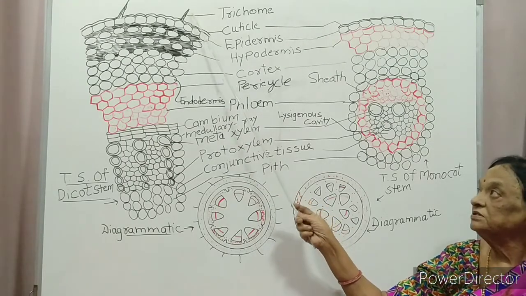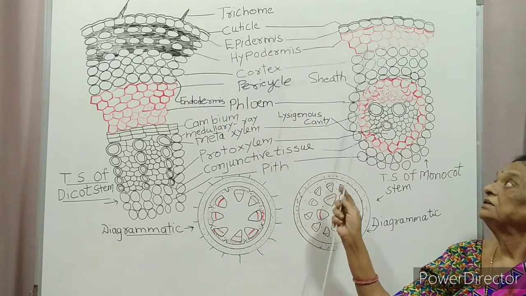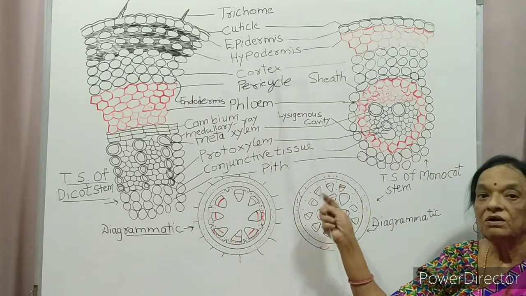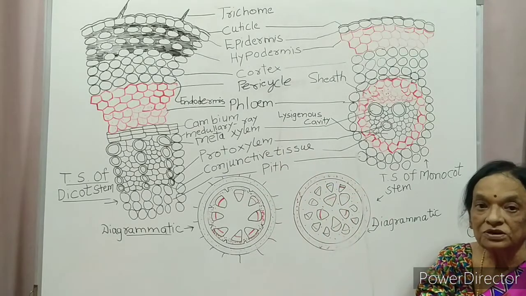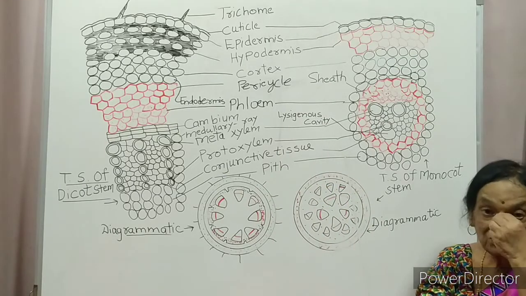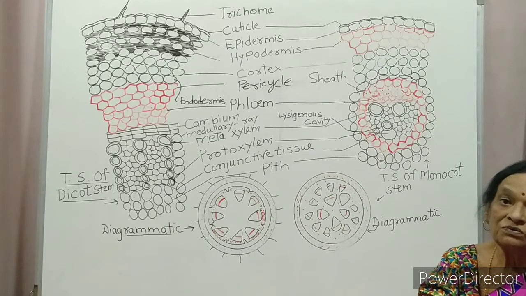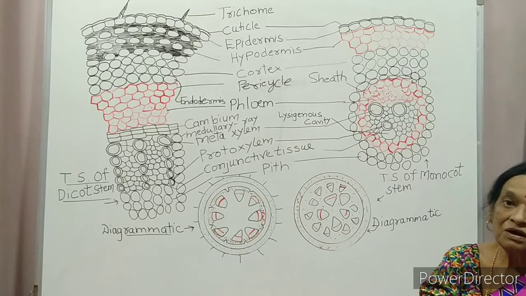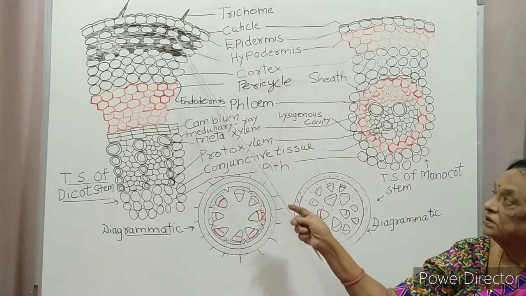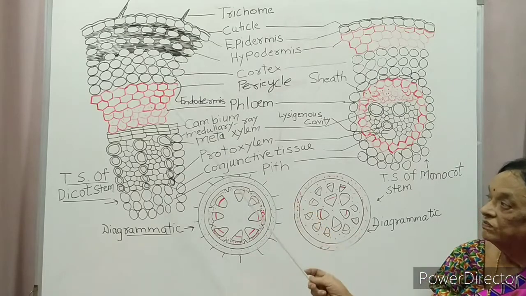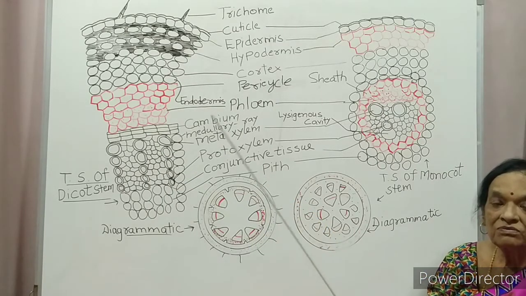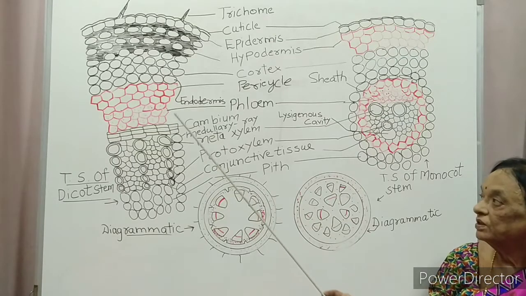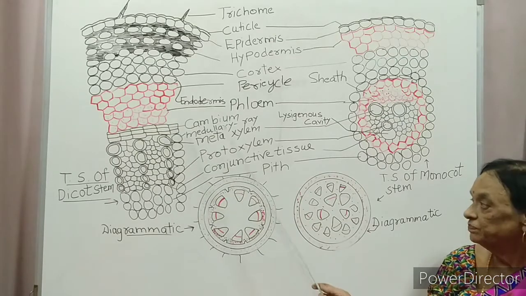So here in the stem, either trichomes are absent or they are multicellular. In the root, hairs are unicellular for quick absorption of water. Then in the root, vascular bundles are radial. Radial means one patch of xylem alternates with phloem.